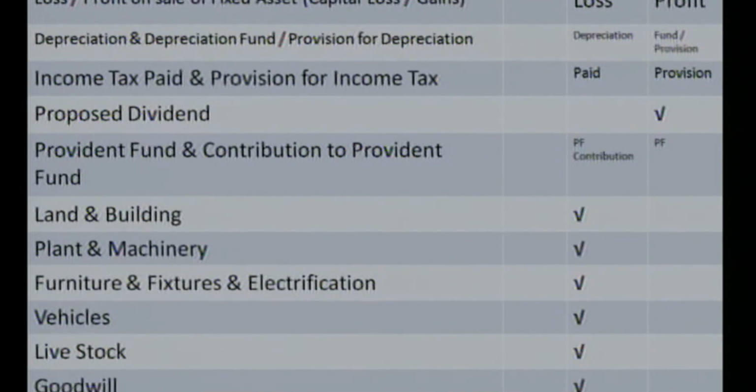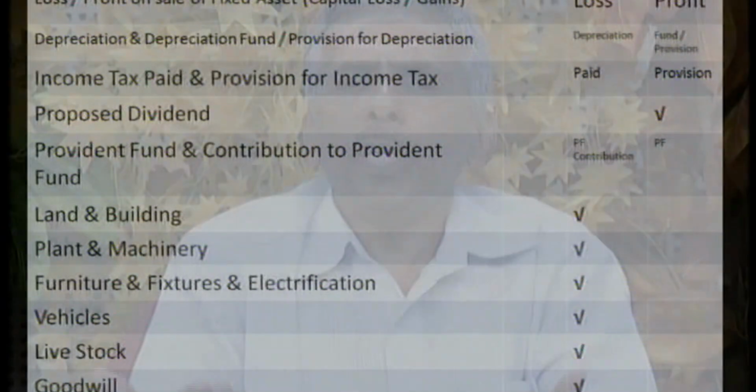So at the end of their employment, the business has to repay the fund to the respective employees. So in that case, contribution to provident fund is the expenditure, so it bears the debit balance, and provident fund being the liability of the business towards the employees, it bears the credit balance.